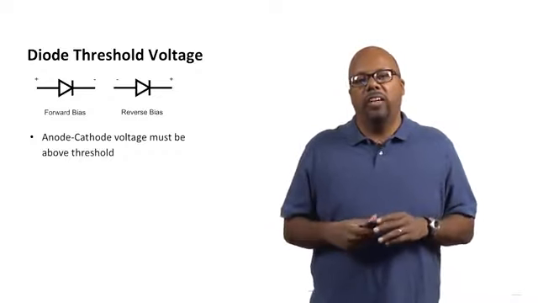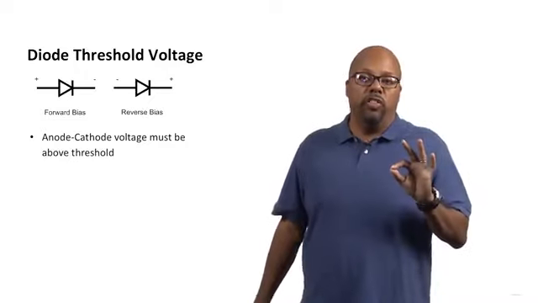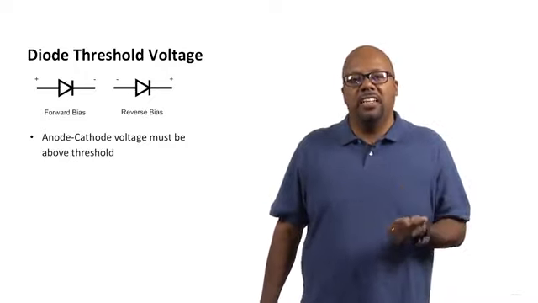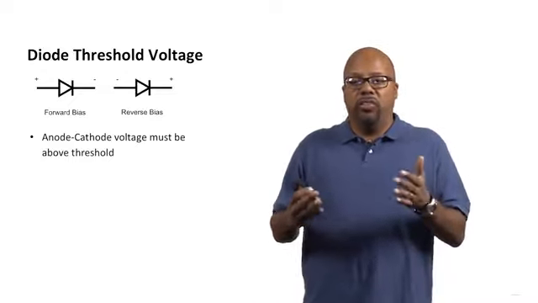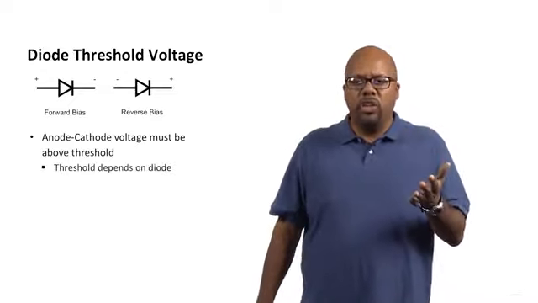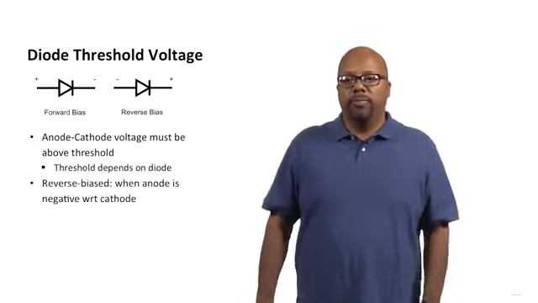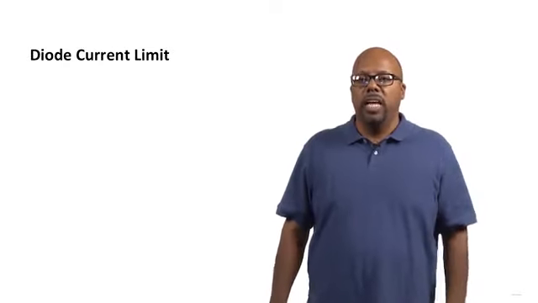You'd have to have a lot, and we're not going to do that. So reverse biasing it for us will be no current flow. Only in forward bias condition, when the anode is positive with respect to the cathode, and the anode-cathode voltage difference is above the threshold, only then will current flow for us. Reverse bias is when the anode is negative with respect to the cathode.